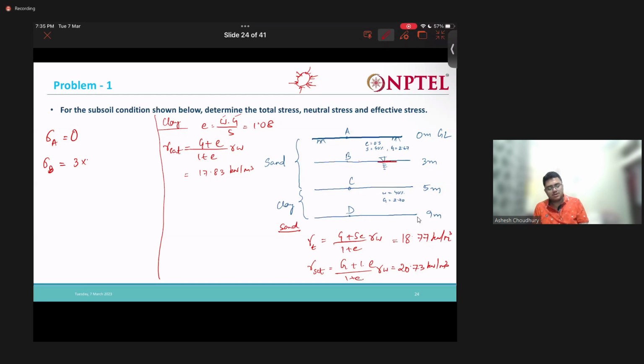This is my water table, so completely saturated. Then I can find gamma saturated, which is 17.83.